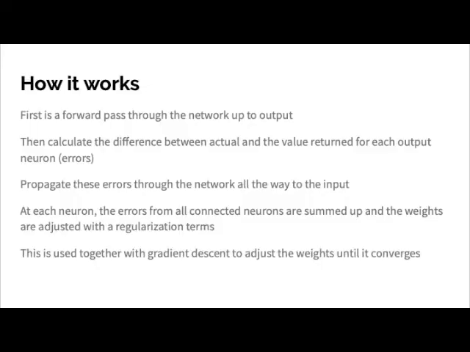So how it works is that first you'll have a forward pass like we saw before with the forward propagation through the network all the way up to the output, and then when we get to the output, we then have to calculate the difference between the actual value, because neural networks are supervised machine learning algorithms, so we're going to have the actual output, and then this together with the value that is returned for each output from the neuron. So once we get the difference, we then propagate this error back to the neurons that gave it to us.